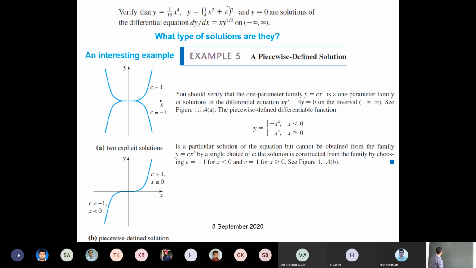Those solutions were your general solution, of course, it comes from some parameter, family of curves, and then particular solution, and of course singular solution.